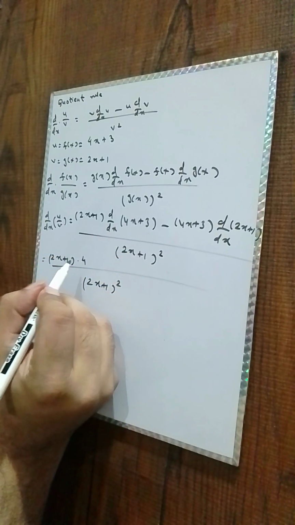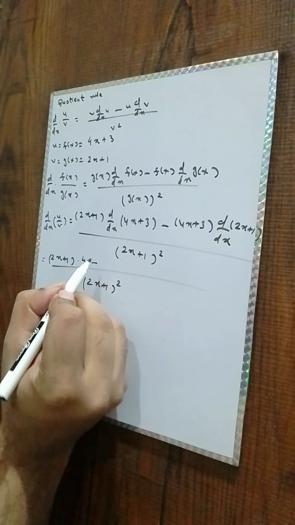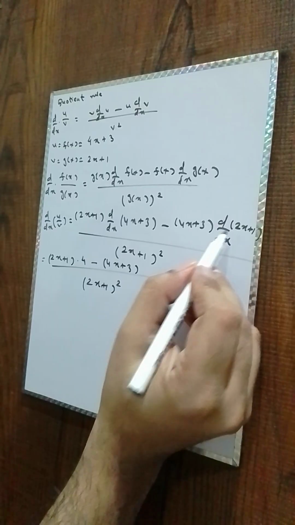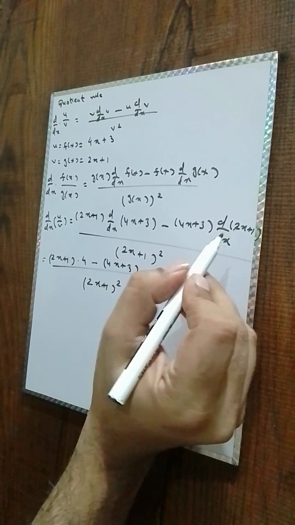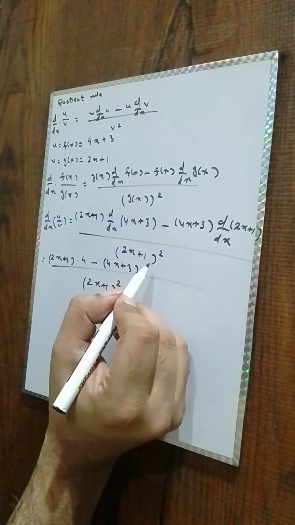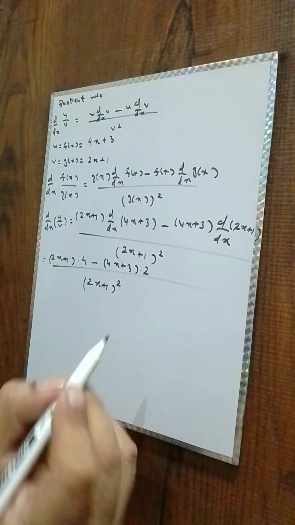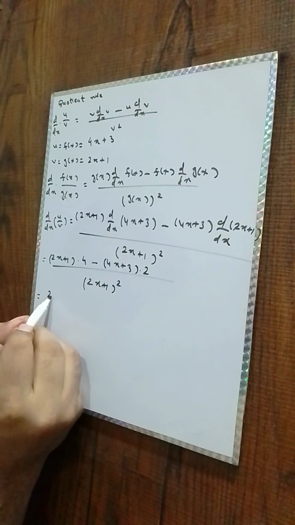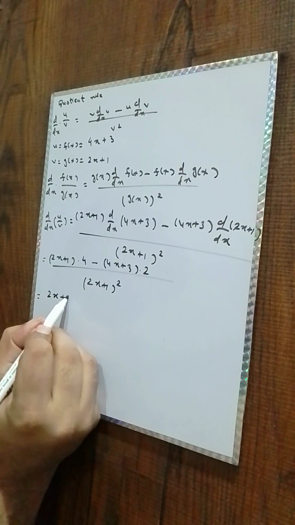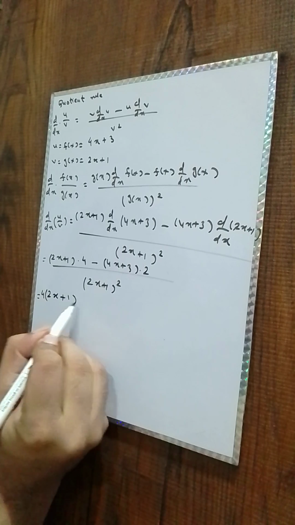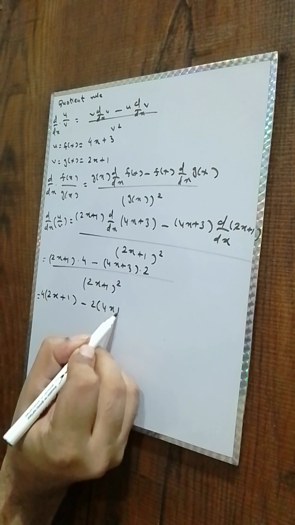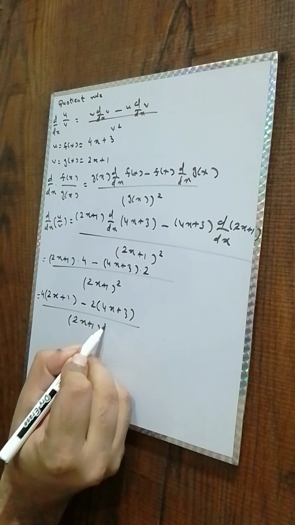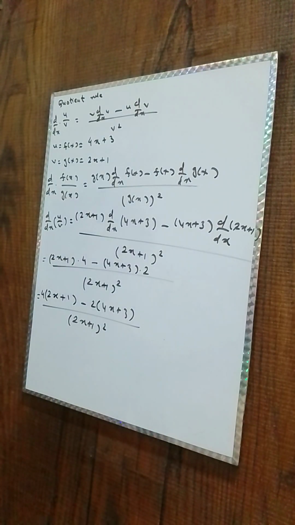d by dx of 4x is equal to 4, d by dx of 3 is equal to 0, and then 4x plus 3 outside, and d by dx of 2x is equal to 2, and d by dx of 1 is equal to 0, so 2 plus 0. So this is what it gets down to: 2x plus 1 into 4, minus 2 into 4x plus 3, by 2x plus 1 whole square.